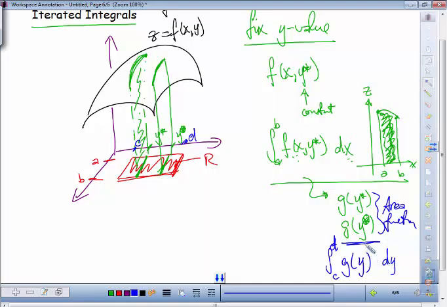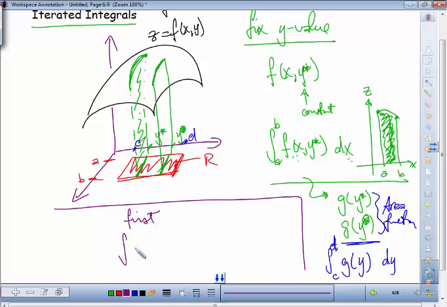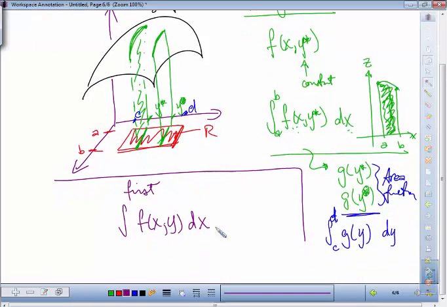Okay? So what did we do first? Let's see if we can summarize what we did. First, we took the integral of f of x, y with respect to x from a to b.